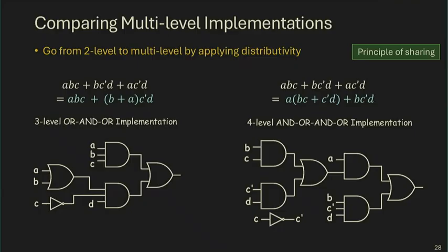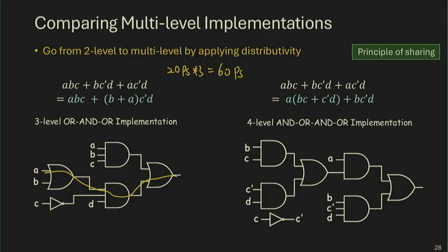And again, we can apply the same analysis of gate input counting, delay counting, and transistor counting to see which implementation is better. In this case, the delay would be going through these 3 gates, which gives you 20 picoseconds times 3, which is 60 picoseconds of delay.